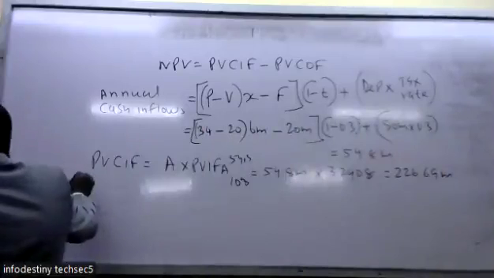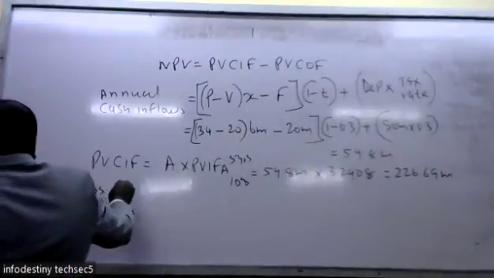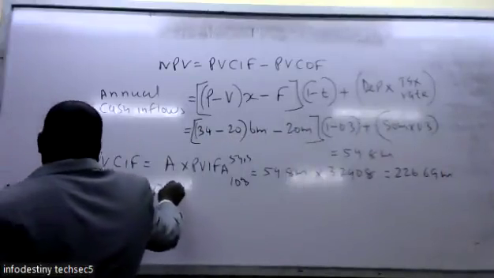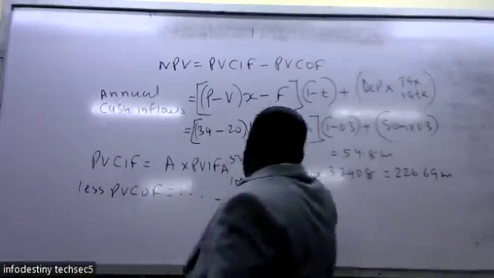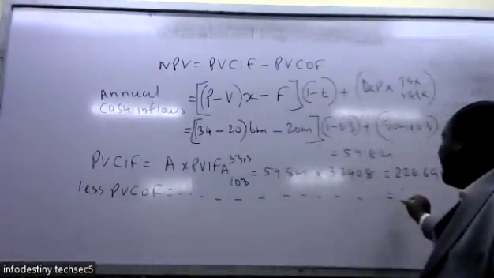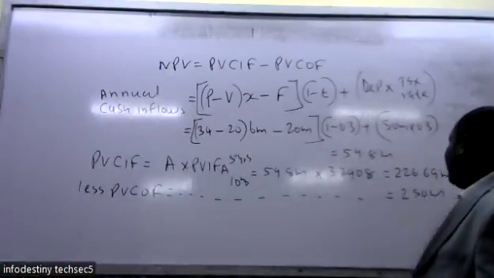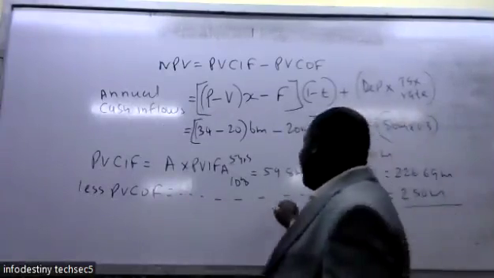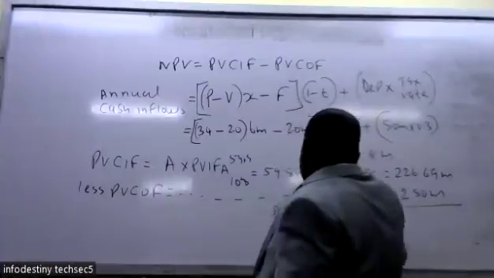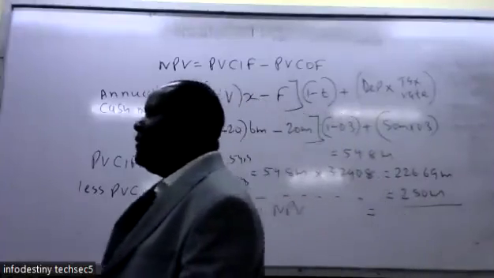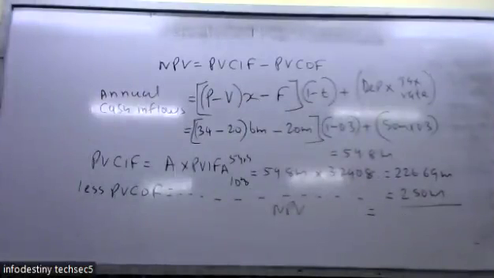So you less the present value for the cash outflows. The present value for the cash outflows is the initial cost, remember 250 million. So that you get the NPV. Is that NPV negative or positive?